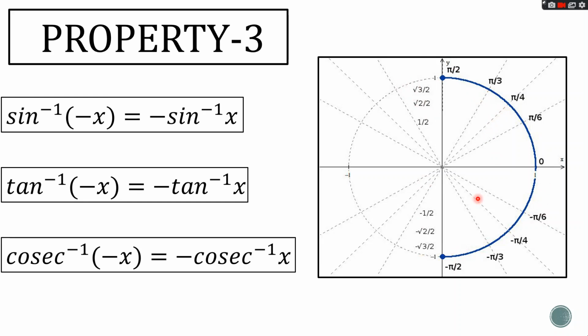That means the value lies either in the first quadrant or in the fourth quadrant. Whenever the given value is positive, you will get your answer in the first quadrant. Whenever the given value is negative, your answer will lie in the fourth quadrant. So sine inverse of minus x is nothing but minus of sine inverse x. Similarly for tan inverse and for cosec inverse.